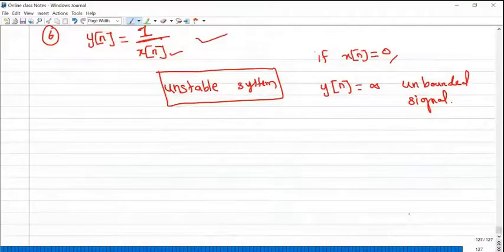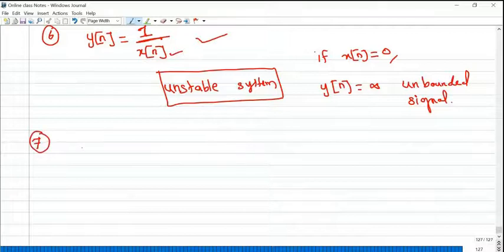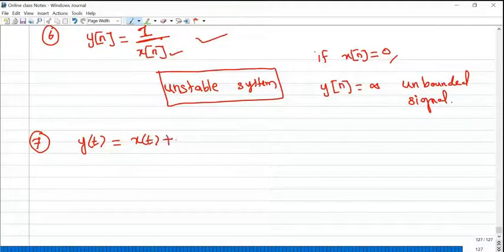Right. So one last problem with this, we will complete this particular topic. y of t equal to x of t plus 2. Can you tell me whether it is stable or unstable for a bounded input signal?